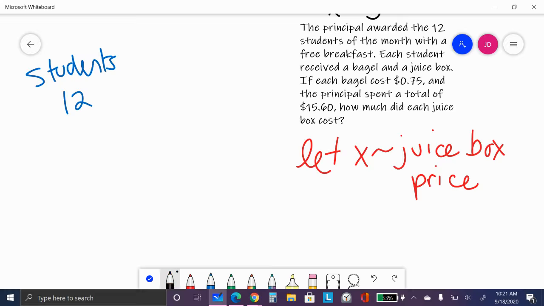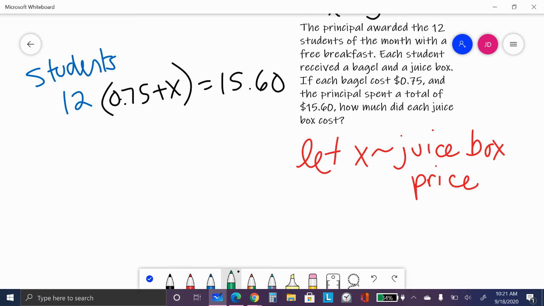And I'm multiplying that by the cost for a bagel, which is 75 cents, and a juice box. I keep saying juice box, I don't know why. 75 cents plus X, and a total price of $15.60.